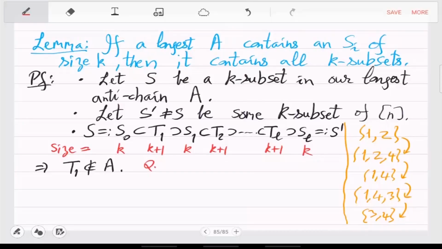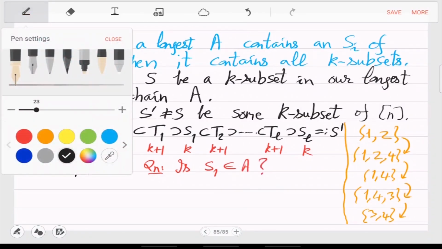Yeah, so now comes something that I think a student was saying before. She was saying that since A is a longest anti-chain, it should have something from every M chain. So we will now use that idea. So the question you ask is, after T1, S1, is S1 in the anti-chain?